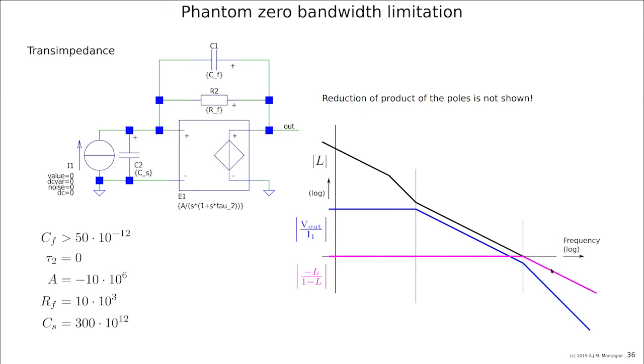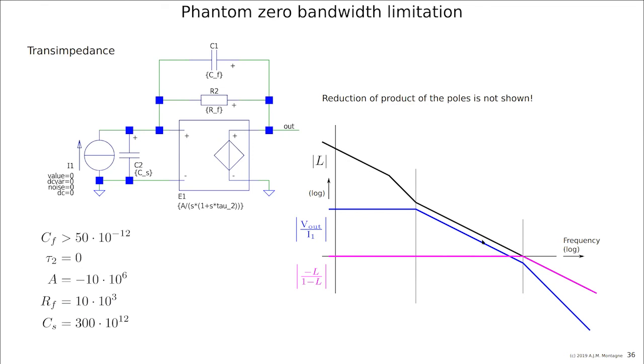So if there's a non-dominant pole and we are increasing loop gain, increasing loop gain, increasing loop gain, then the non-dominant pole at some time, at some increased value of the loop gain, might become dominant. And if this is the case, we have a second order system.